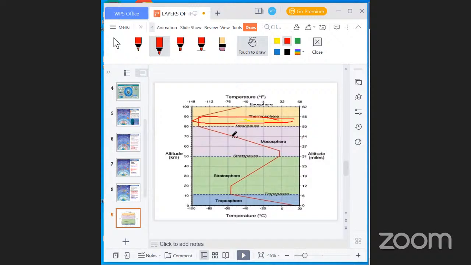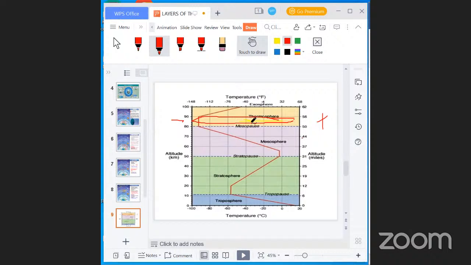The charged particles are plus and minus, right? Basically, these charged particles are the important factors, which are called the ionosphere in the lower thermosphere.